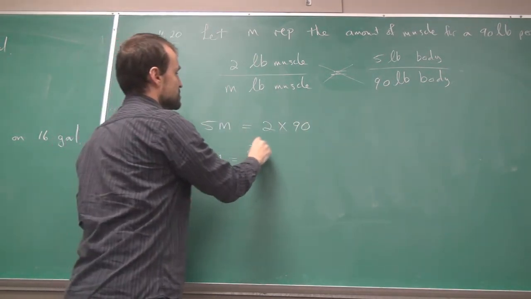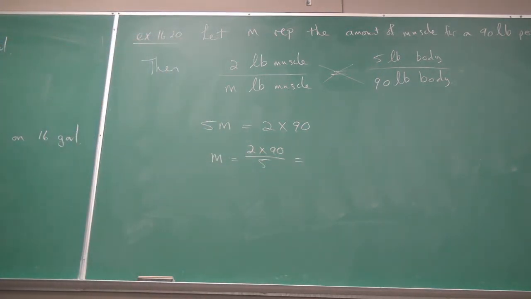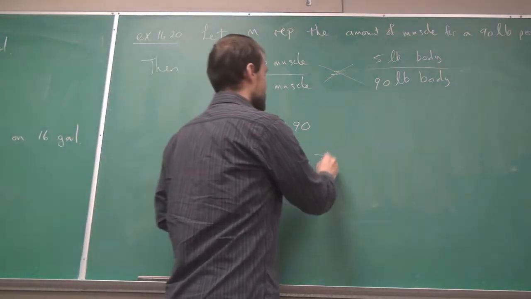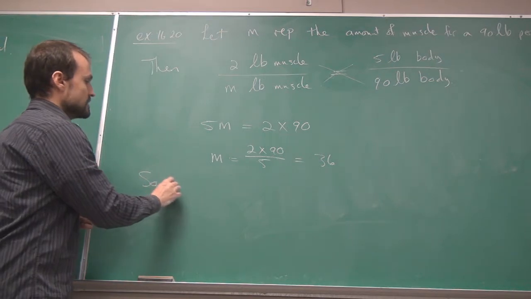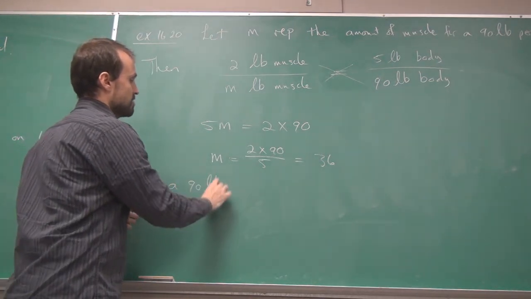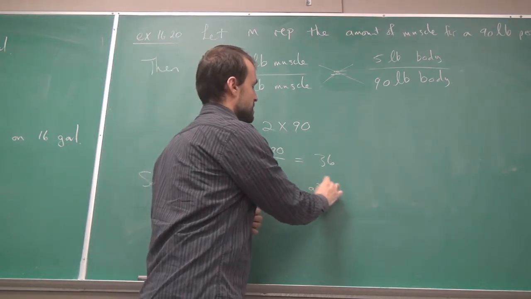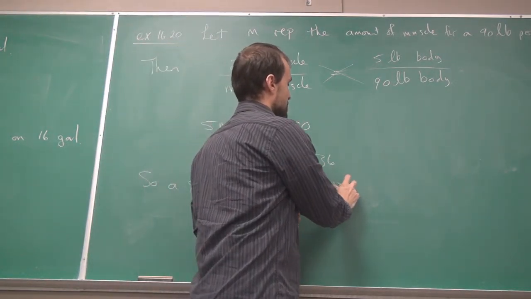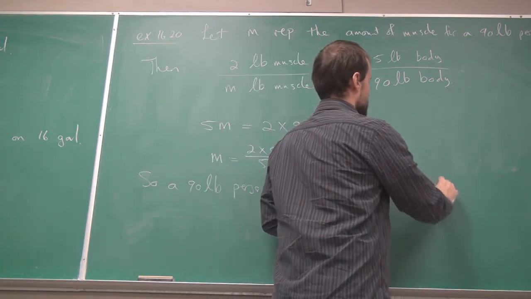So m equals 2 times 90 over 5, which is what? 36. So the calculations are also quite easy. So a 90-pound person has, these are approximations, approximately 36 pounds of muscle.